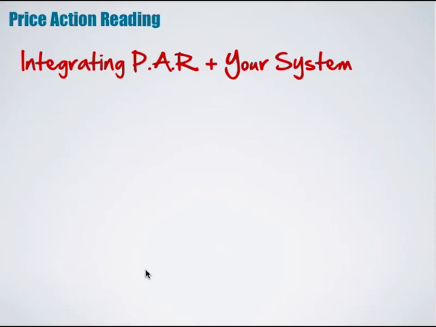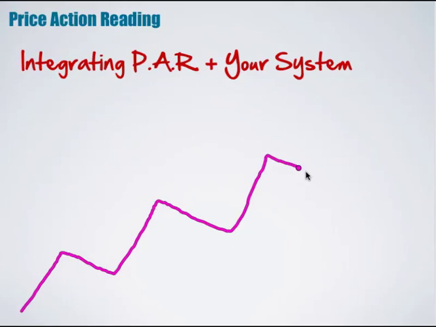Let me try to explain what I mean. So, let's say that price has been uptrending, okay? And your system signals a buy entry right there. But then you check, I don't know, the weekly time frame and you realize that there is quite a strong level of resistance just above your entry level, or at least close enough to trigger the alarm bells, right?